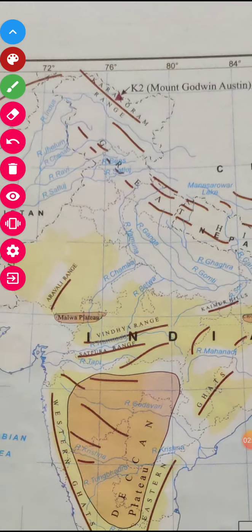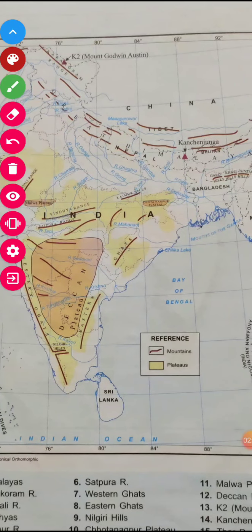Moving to the next, we have the greatest range of the world, that is Himalayas. It's the greatest range of the world. Highest peaks of the world lie in this range, and it is an arc-shaped mountain range.